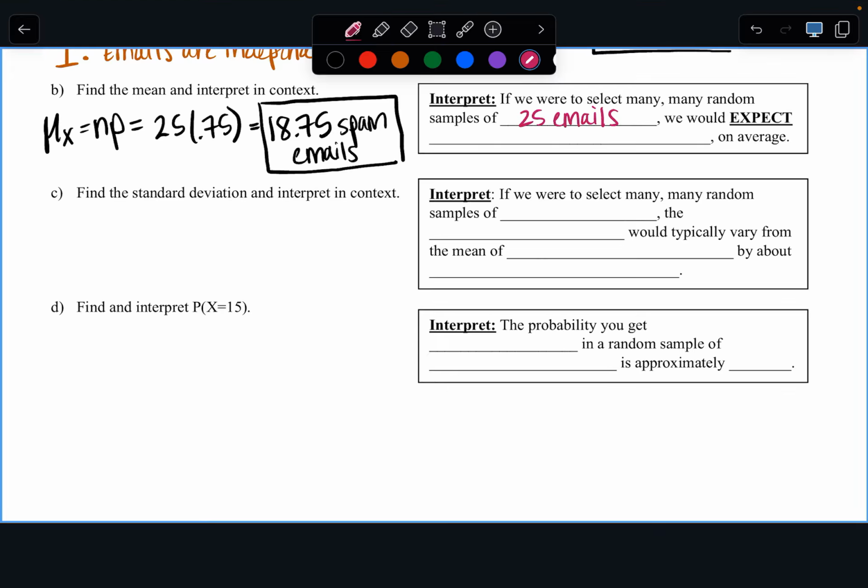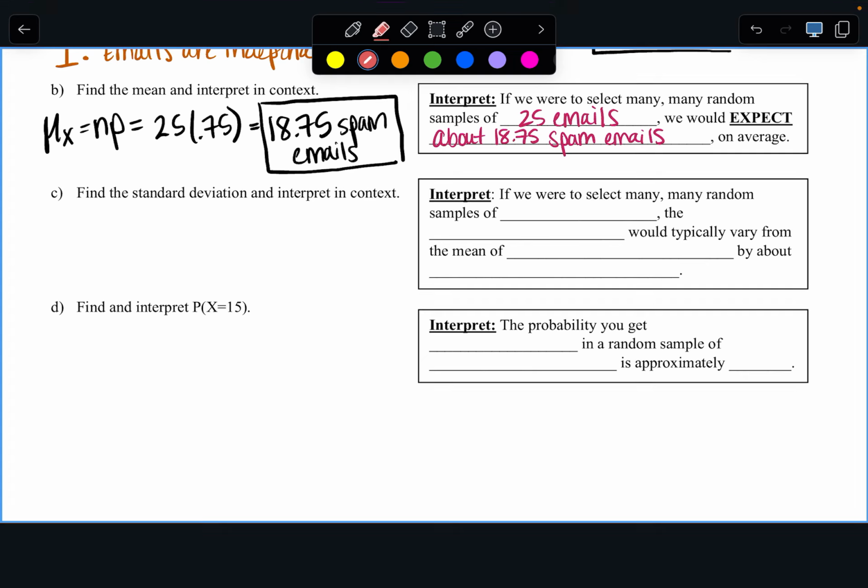This particular number is dependent on the fact that the sample size is 25. And so we would expect about 18.75 spam emails on average.